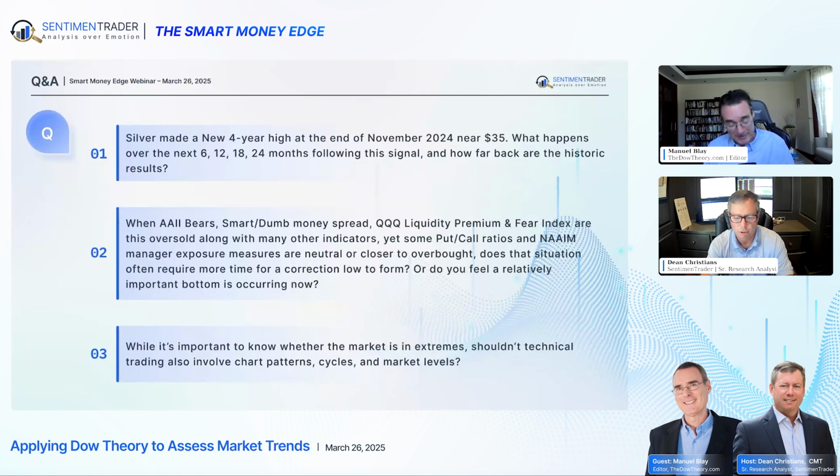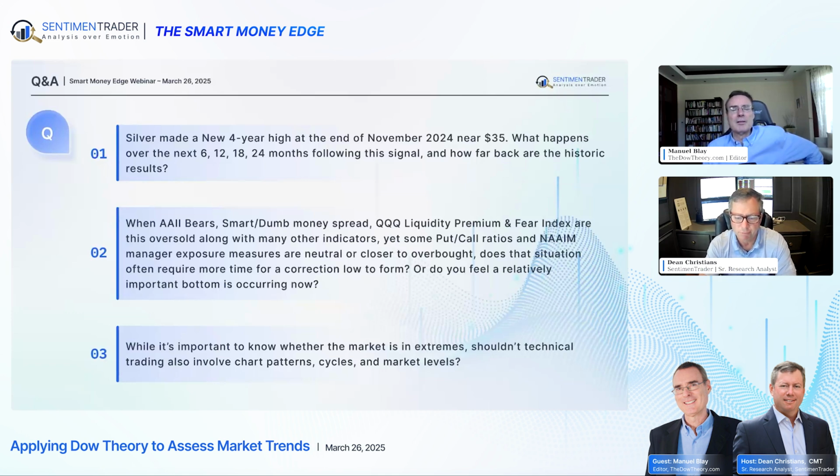Exactly. If you're just a discretionary trader and you see a pivot low here, pivot high there, how many times does a breakout through that pivot actually work? That's what we try to do at SentimenTrader, to quantify price action.